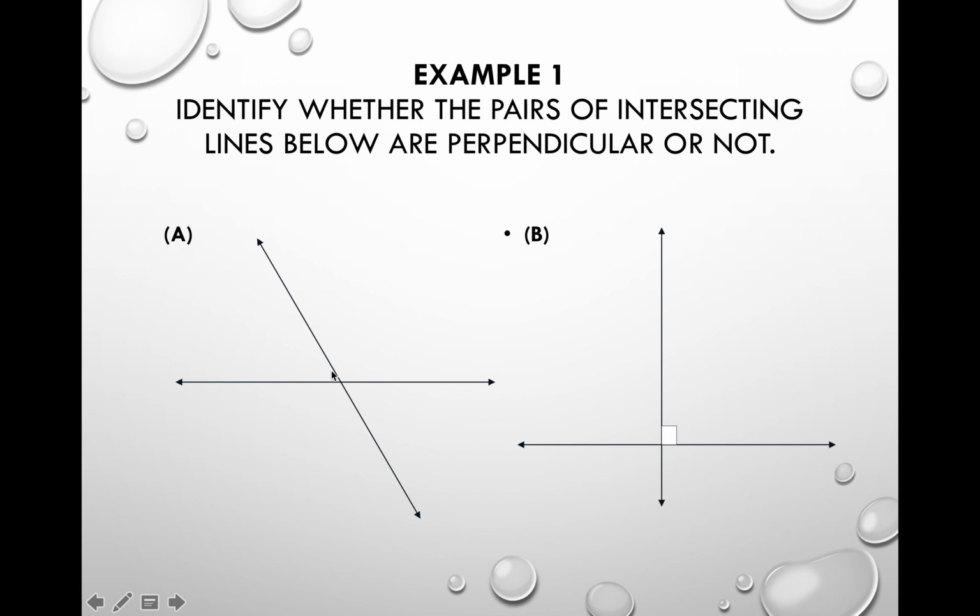If I look at A, I see this is an obtuse angle. I know it's not a right angle because I don't have that little symbol of a square showing that it's 90 degrees. However, for B, I do have that little block letting me know that I have a 90 degree right here. So A is not a perpendicular line, B is.